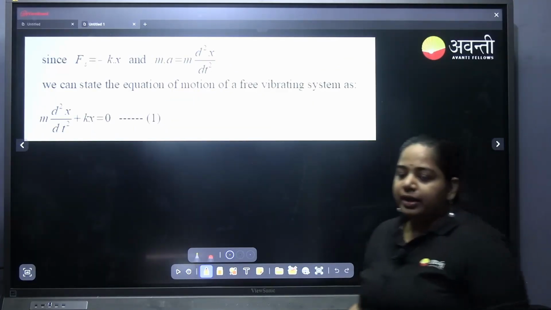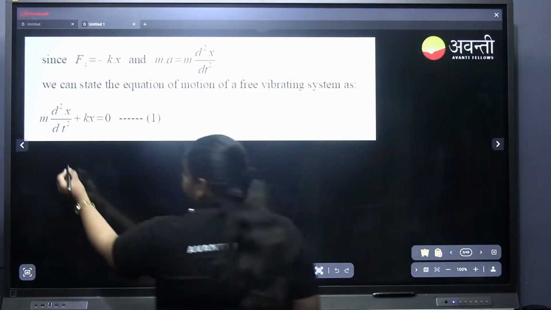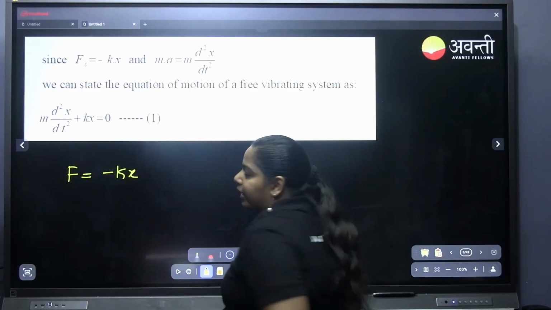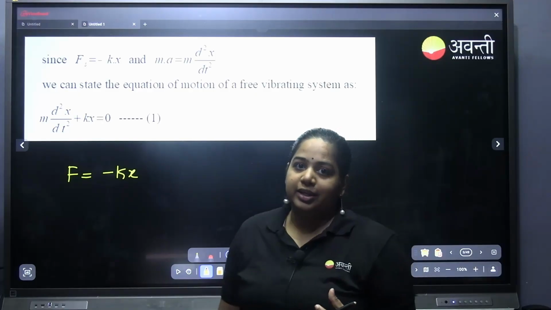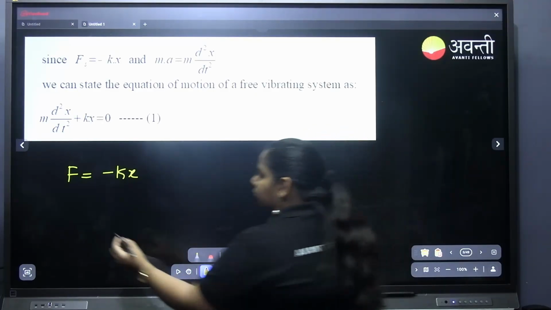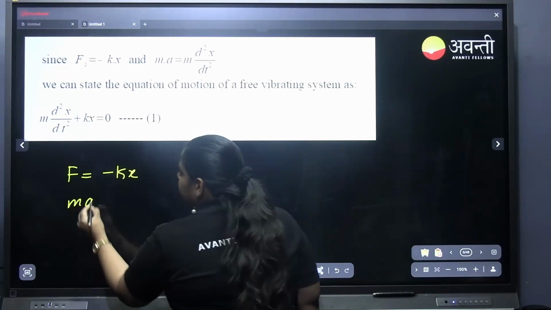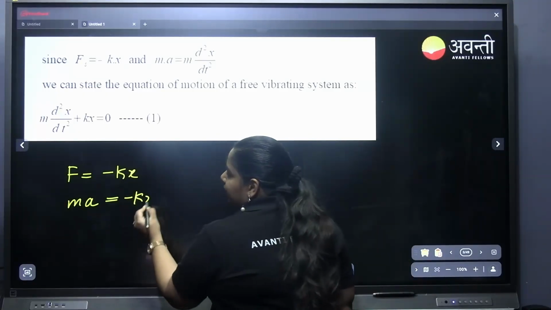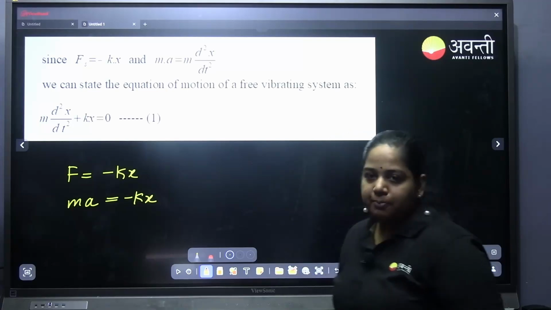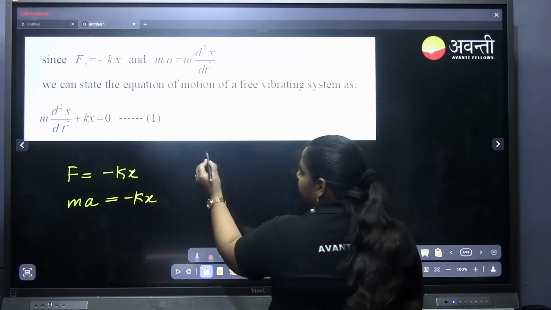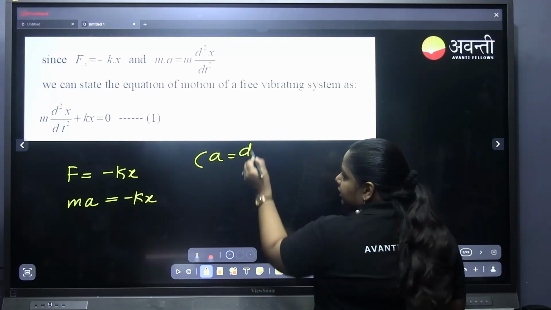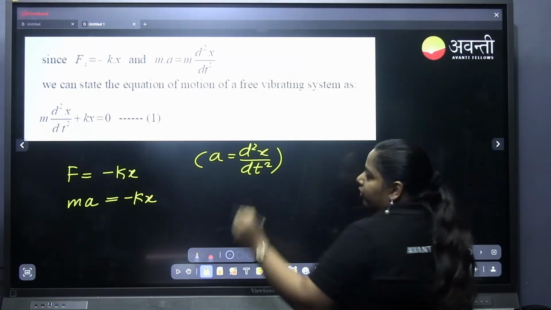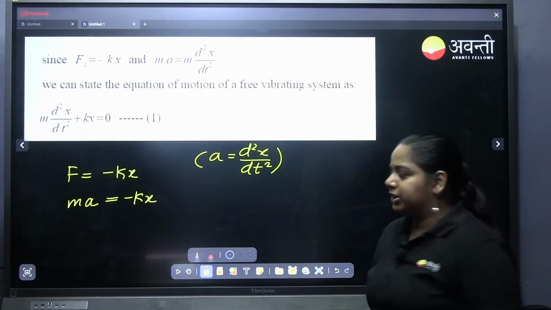So from the equation F equal to minus kx, we are doing the derivation, because you know F equal to mass into acceleration, which is equal to minus kx, and acceleration can be written as d square x by dt square, from our differentiation.